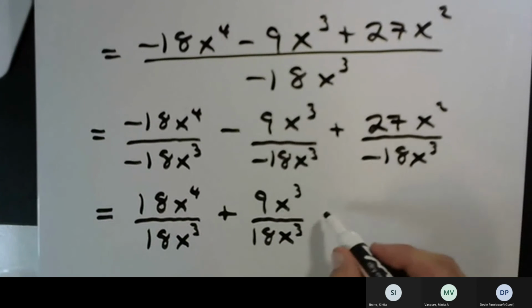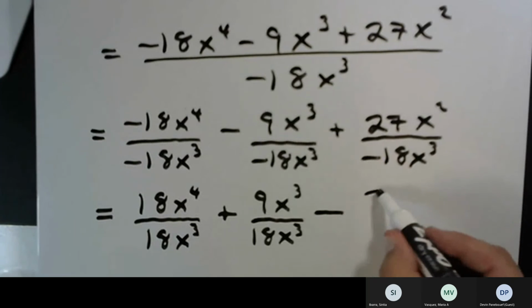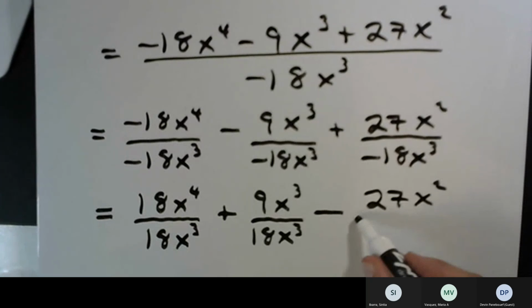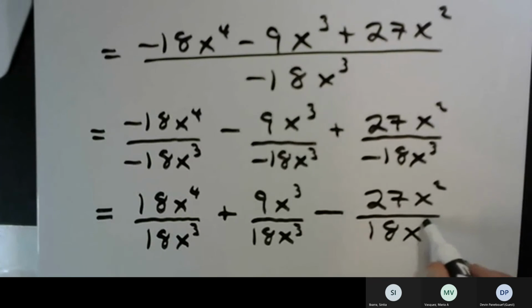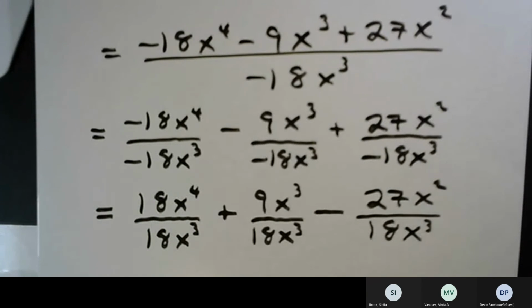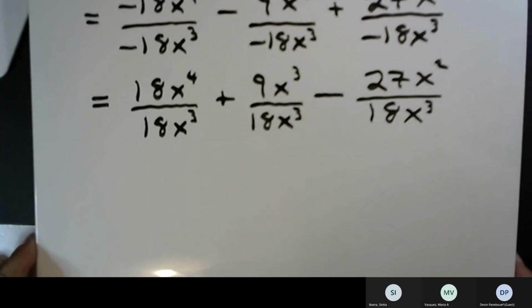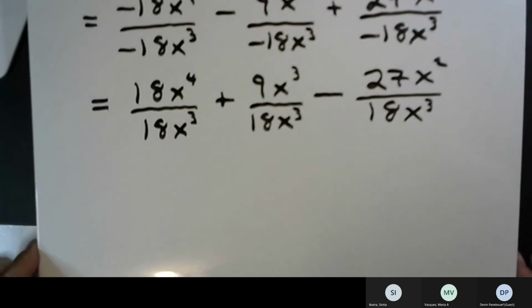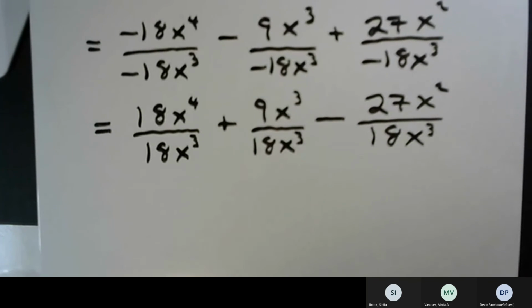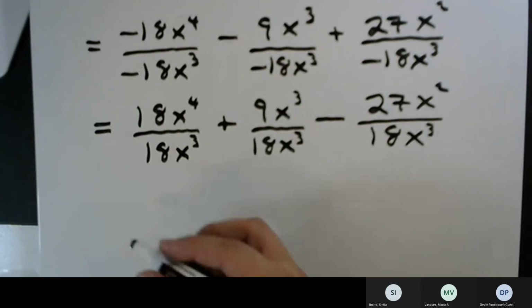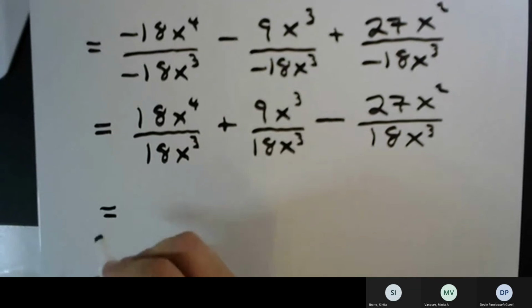But then positive and negative, that's going to be negative. And so we simplify like we did when we took ratios of monomials. We divided monomial by monomial.